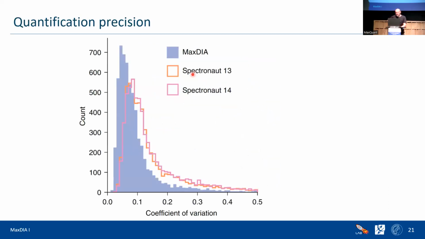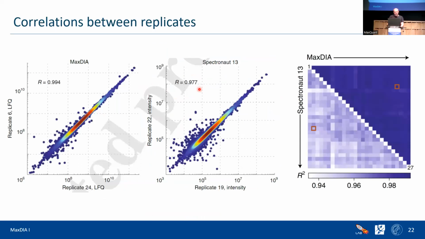Then the quantification precision on replicates. Actually, we didn't even get to that in the new version, but this is what it was in the old version, and that was considerably better than Spectronaut at the time. Also, the pairwise correlations between technical replicates.